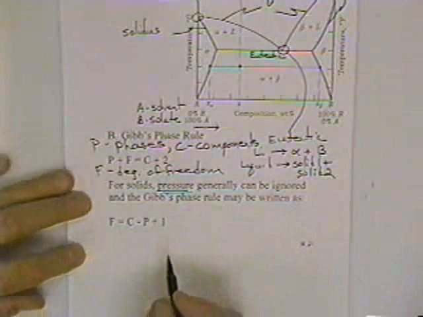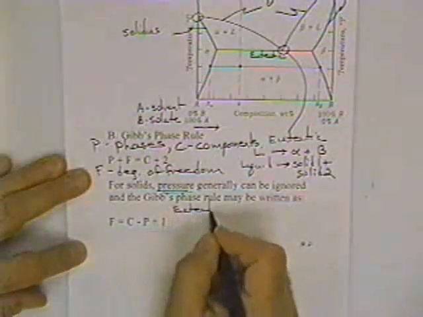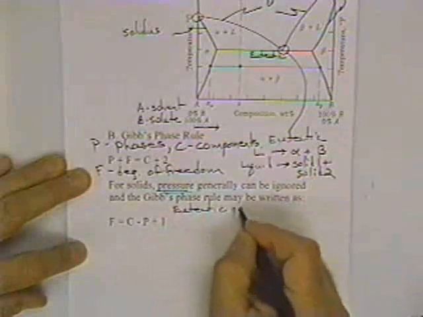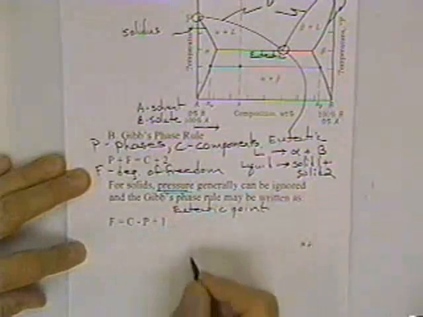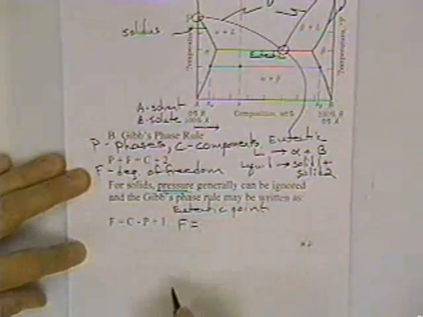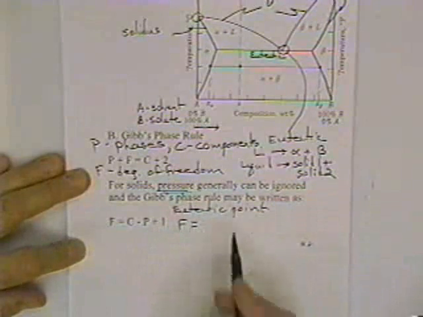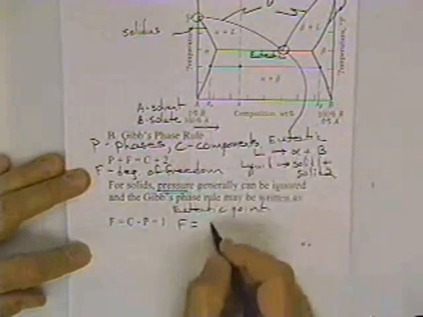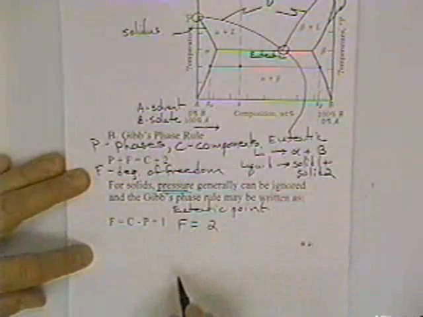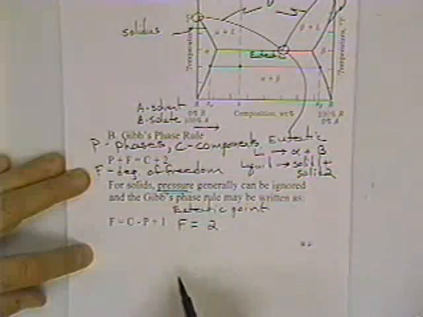Let's take a look at this eutectic point. So the number of degrees of freedom is going to be equal to components. Well, that's 2, A and B. And minus the phases. How many phases exist at the eutectic point?